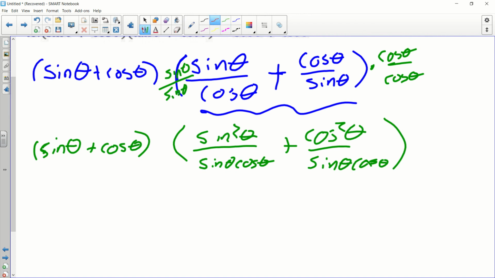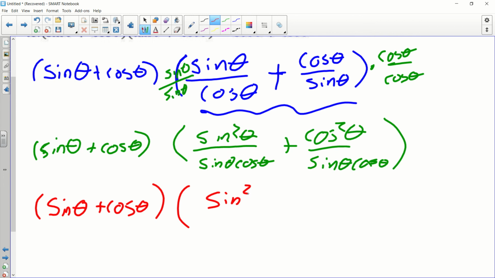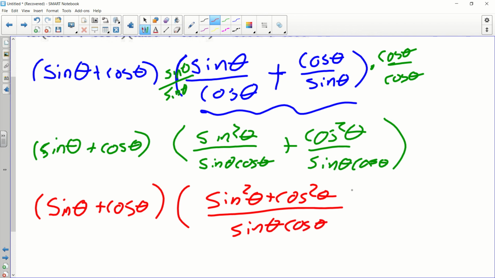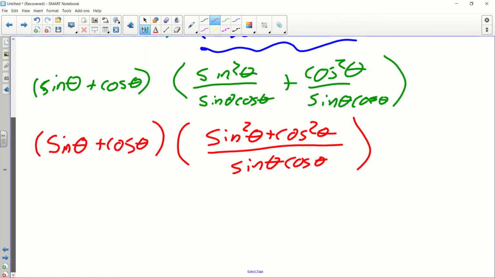Now I'm going to combine the second parenthesis into one fraction. That numerator should look super familiar to you, as sine squared plus cosine squared is equivalent to 1.